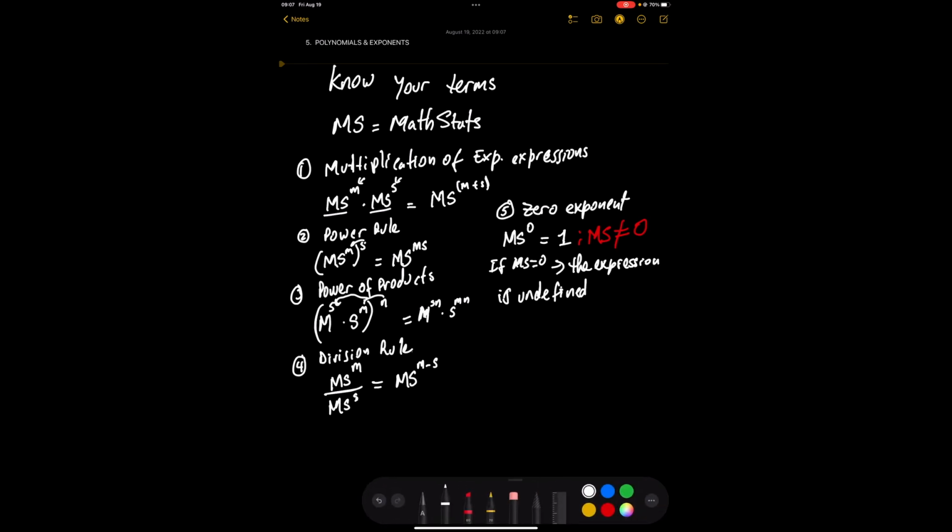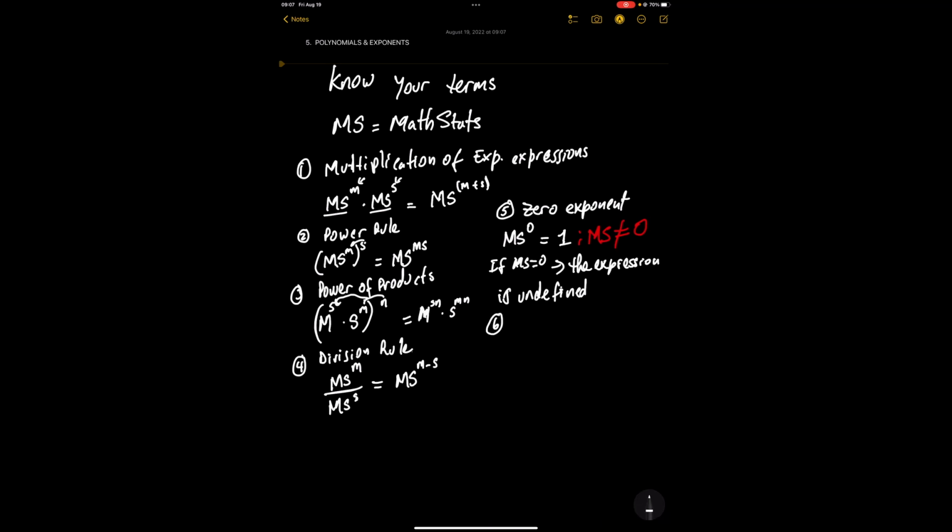Rule number 6. In rule number 6, we're going to have the negative exponent. Yes, there are so many rules on that thing. The negative exponent means, let's say we have m to the power of negative s. Because the exponent is negative, in math you want to do the easiest thing, so you want to make it positive most of the time.